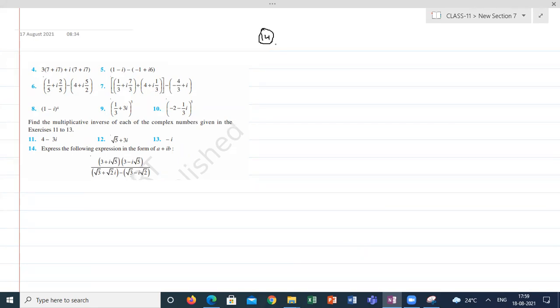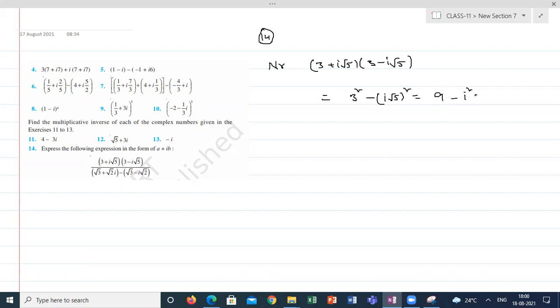14th one. Express the following in the form of a plus ib. So take the numerator separately, denominator separately. The numerator looks like a plus ib into a minus ib, so you can apply the a plus b into a minus b concept. 3 square minus i root 5 whole square. This will be 9. How much are you getting?